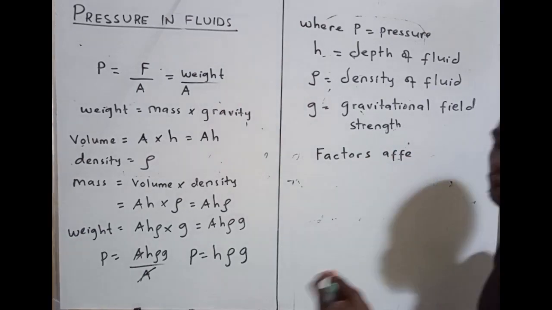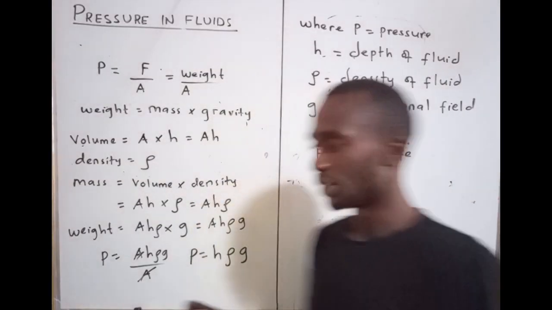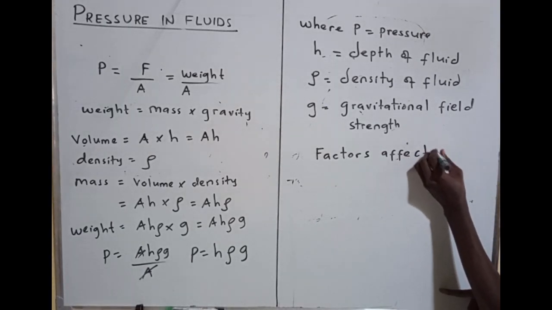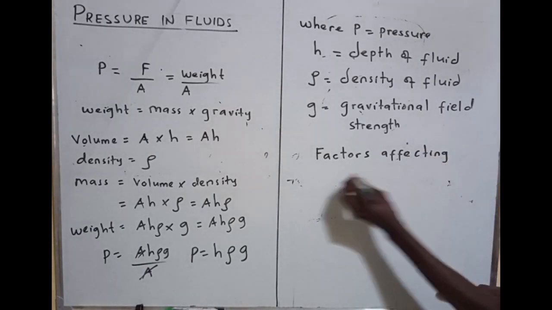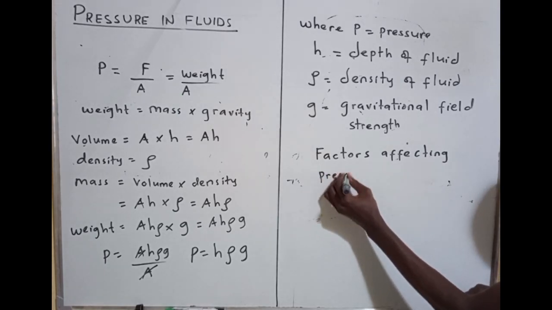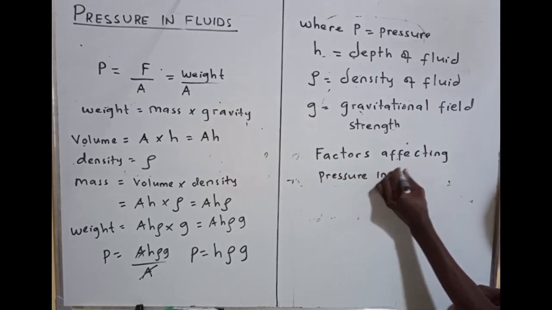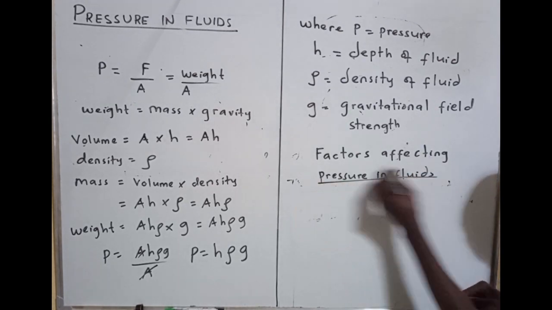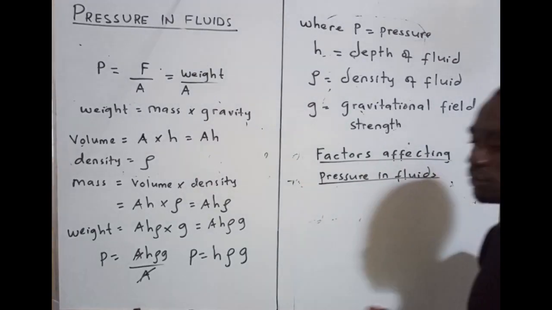Before we have a question to discuss on this subtopic, factors affecting pressure in fluids. Now, we have three factors which affect the pressure in fluids just from the fluid pressure formula.